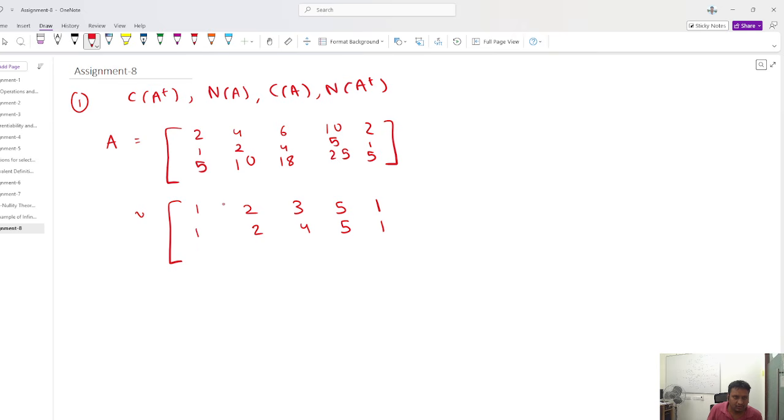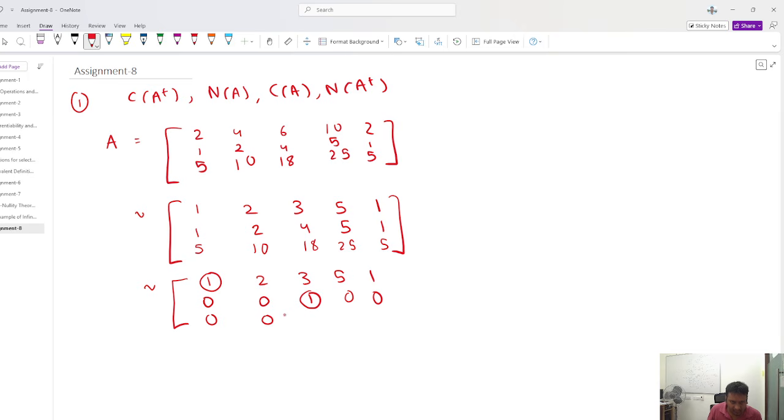1, this is 5, 10, 18, 25, 5. So now the next row operations. I told you always circle the pivots. 3 into 5 is 15, 16, 17, 18.